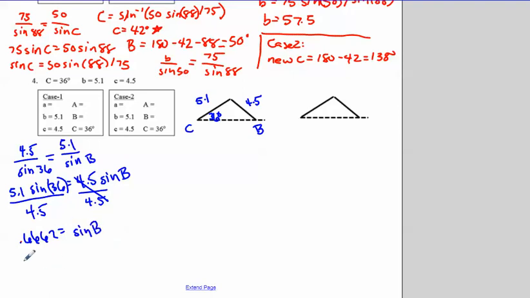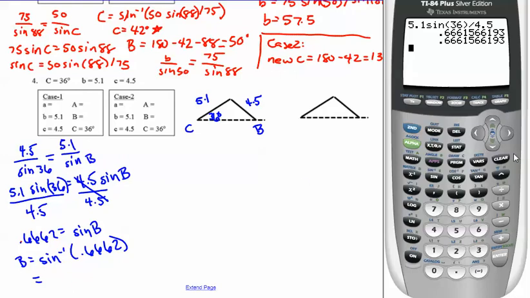So B is going to equal the inverse sine of 0.6662. Okay? And if you're not using such a nice calculator, you might have to type inverse sine of 0.6662. Let's see. So it would look like this.